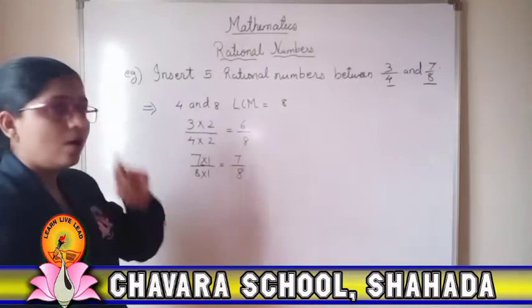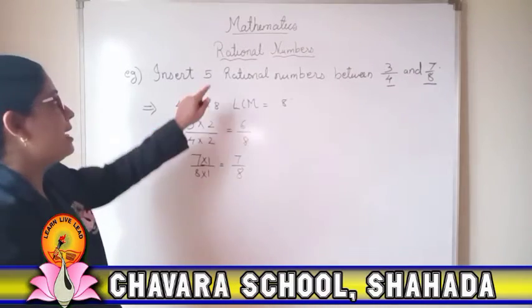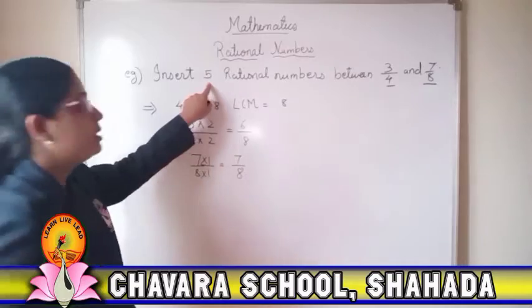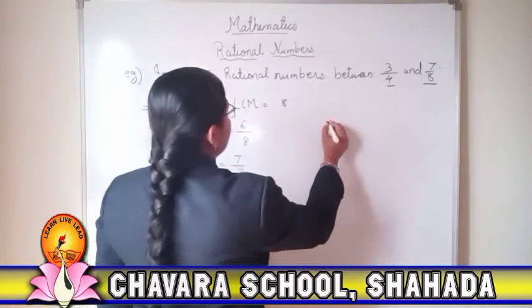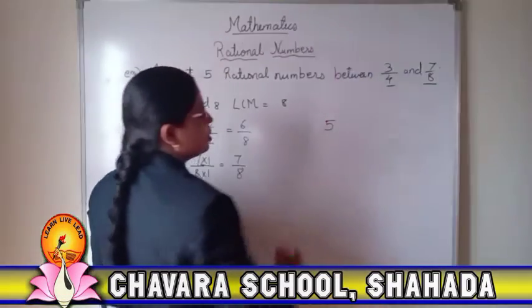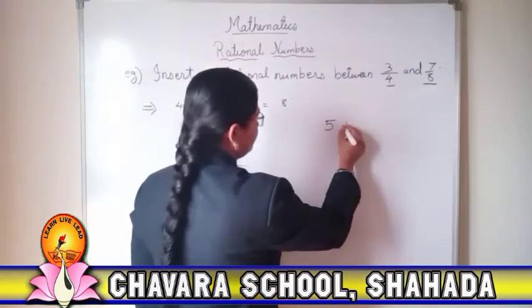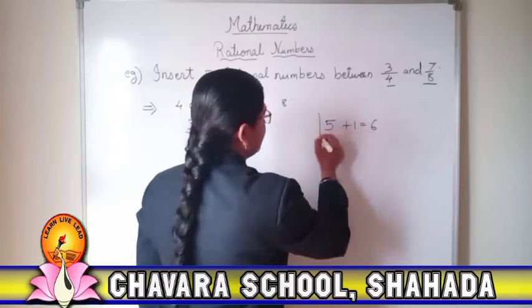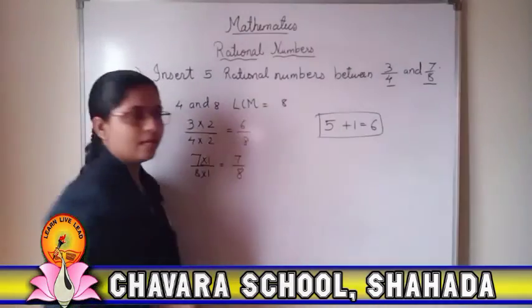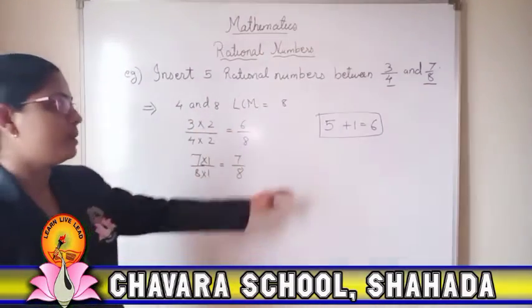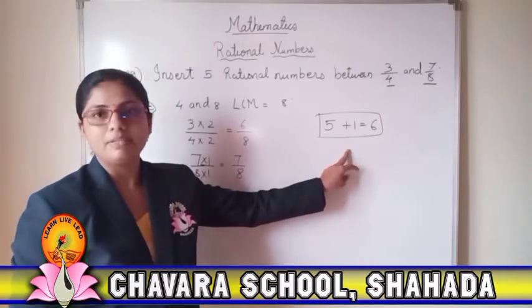Now concentrate, how many rational numbers were we told to insert? They told us to insert 5. So just add 1 to 5 and you get 6. Why this step is done, I will tell you.